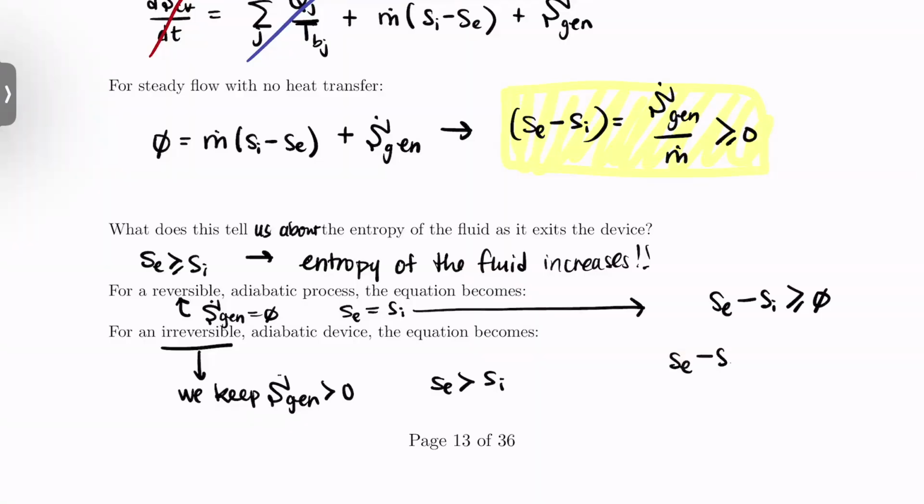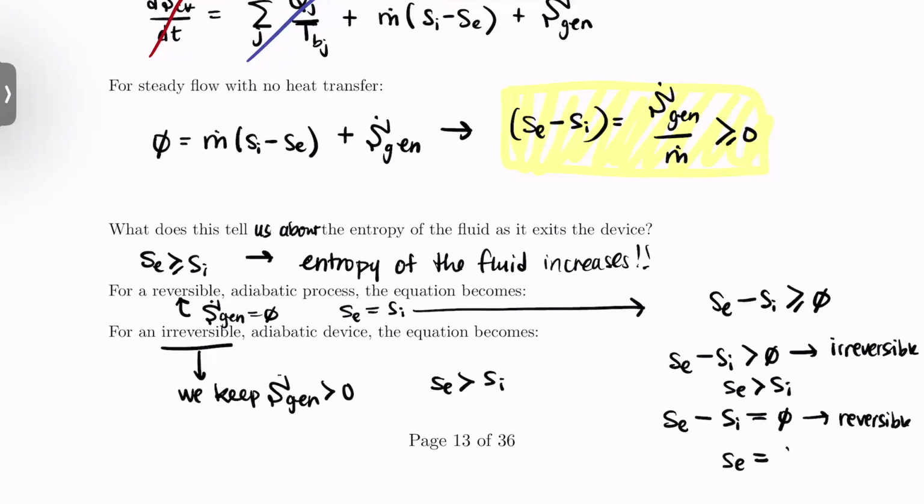We can have s_e minus s_i greater than 0, or we can have s_e minus s_i equal to 0, right? So this is when it's irreversible, and this is when we have reversible. All right, so then I'm just going to solve these equations. So when we have an irreversible configuration, that means s_e has to be greater than s_i. And then if it's reversible, we have s_e equal s_i. Does that make sense? Other questions on that?